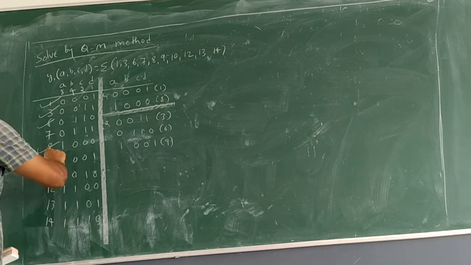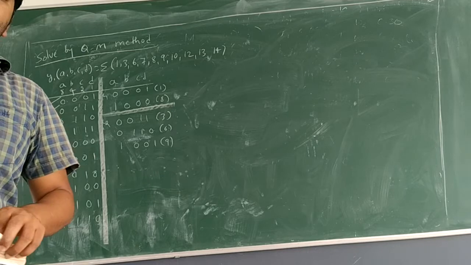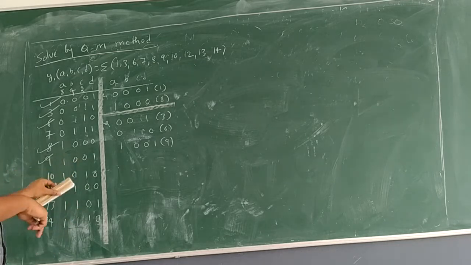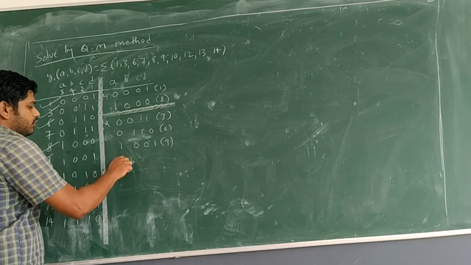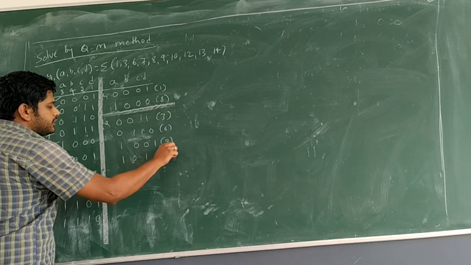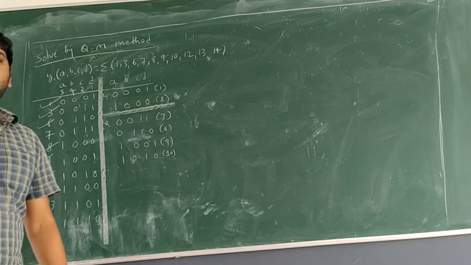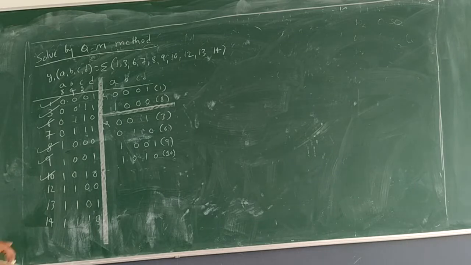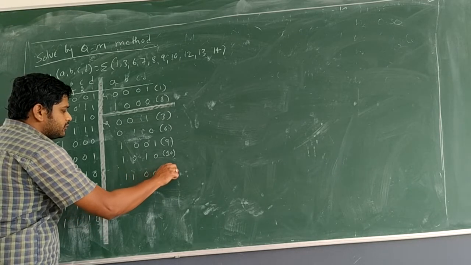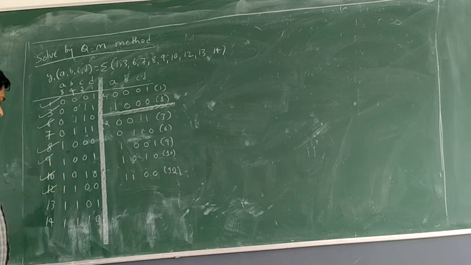Put a pass mark for 9. How about 10? 1010, two 1s and two 0s, so the number of 1s is 2. Hence 1010, the number is 10. Put a pass mark for 10. How about 12? Double 1, double 0. Hence it is 12.